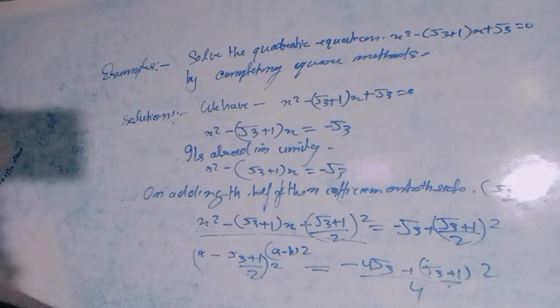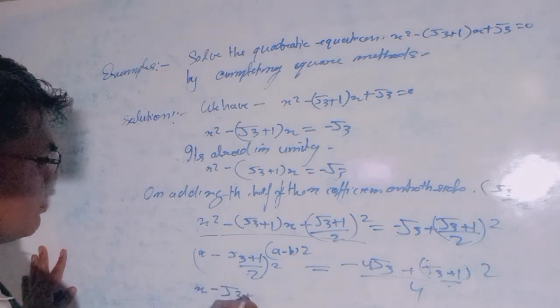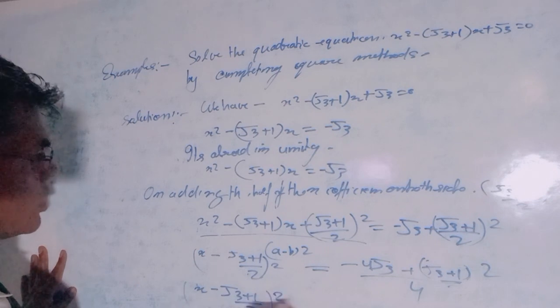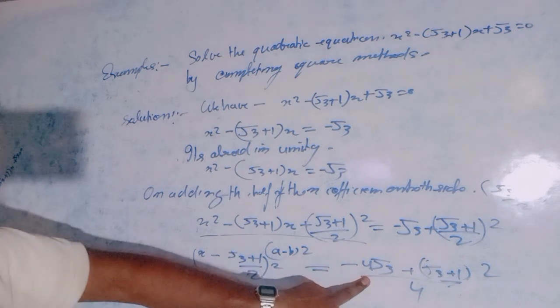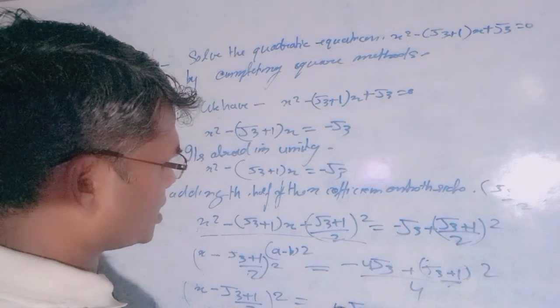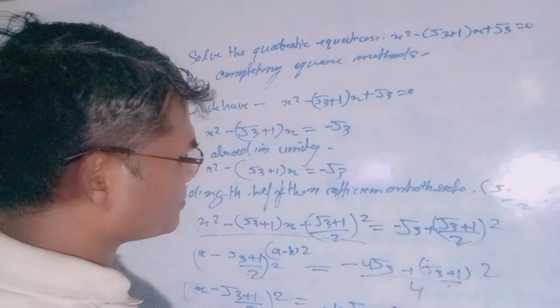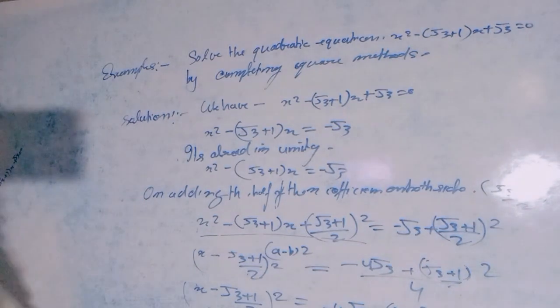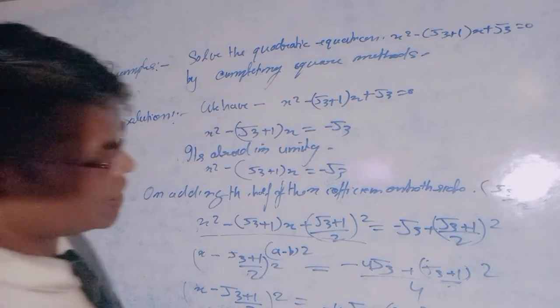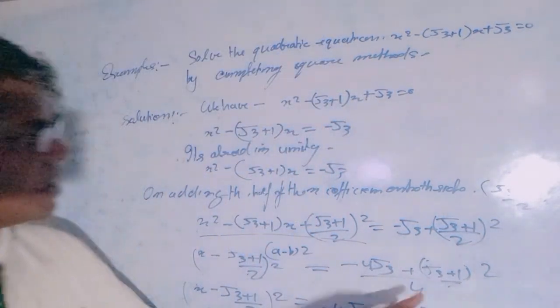Now, transposing from LHS to RHS, we can write x minus (root 3 plus 1) by 2 whole square is equal to (minus 4 root 3 plus root 3 whole square plus 1 plus 2 root 3), by 4, because of a plus b whole square.